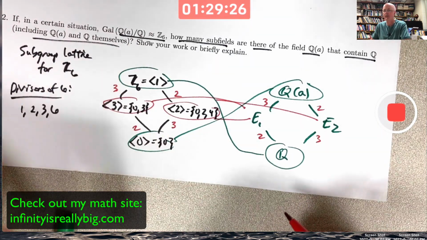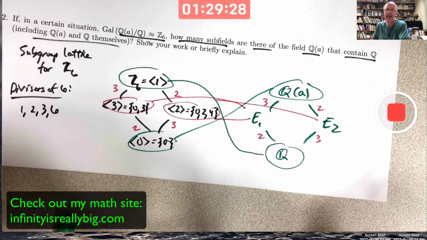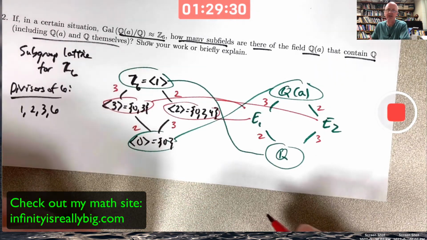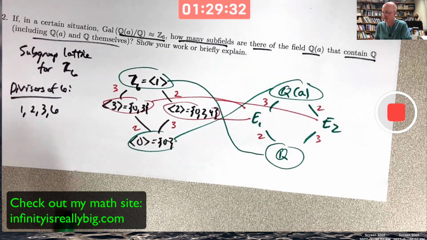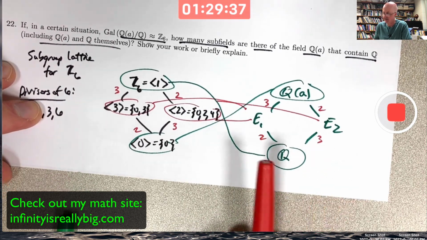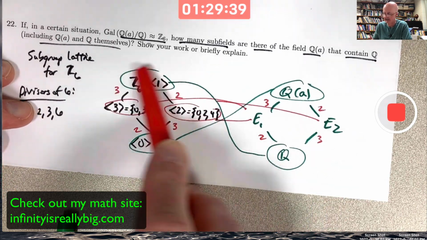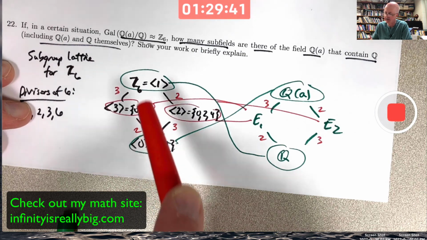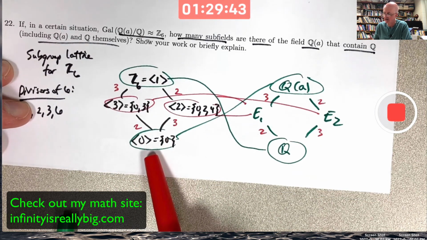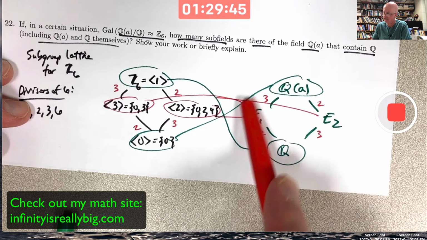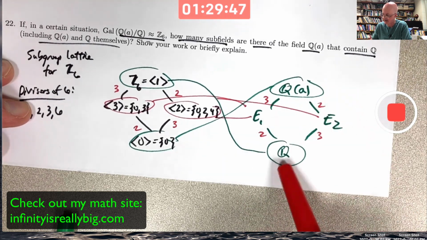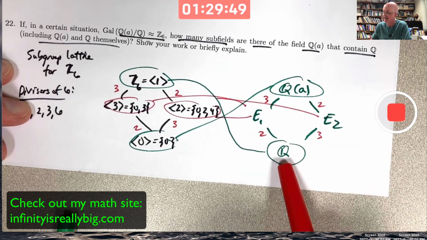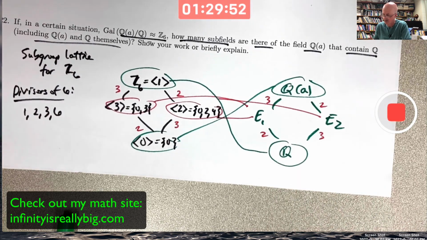And these numbers are degrees of the extensions related to dimensions of vector spaces. Anyway, as far as answering the question goes, the fact that we've got 4 subgroups of Z6, including the entire group and the trivial one, means we're going to have 4 subfields of Q of A, extensions that are also extensions of Q containing those. The answer is 4.